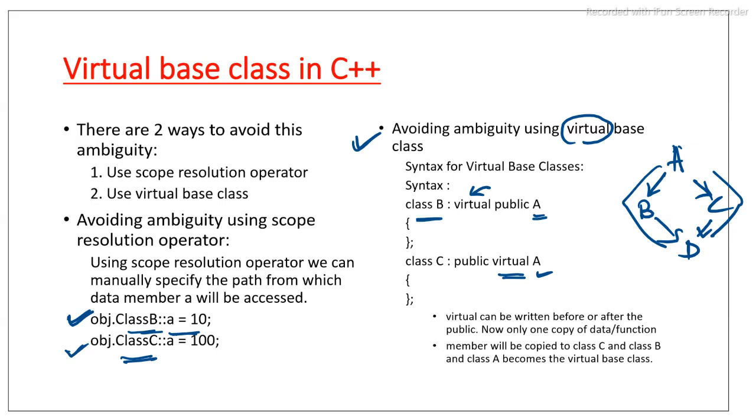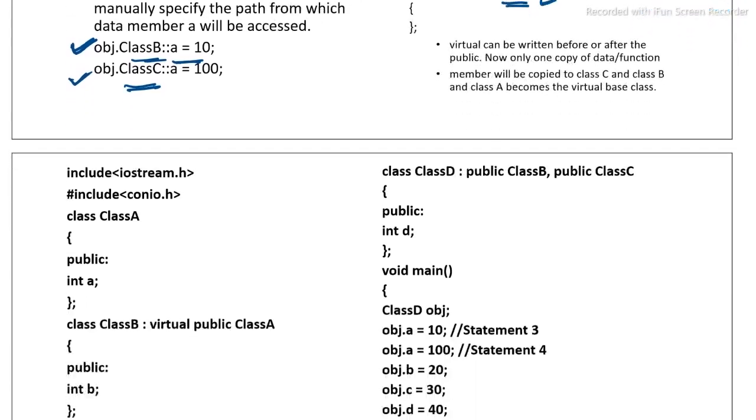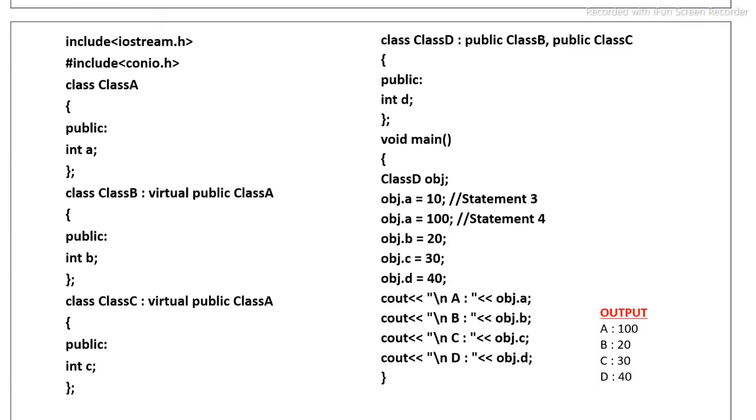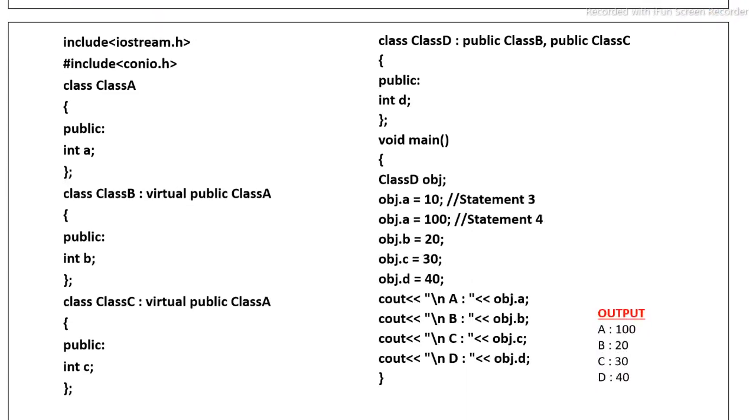We will discuss one example of how the ambiguity can be removed using a virtual base class. In this example, as we can see, the data member of class A is taken as a public integer A. Similarly, for class B, public integer B, for class C, public integer C, and for class D, public integer D has been taken.